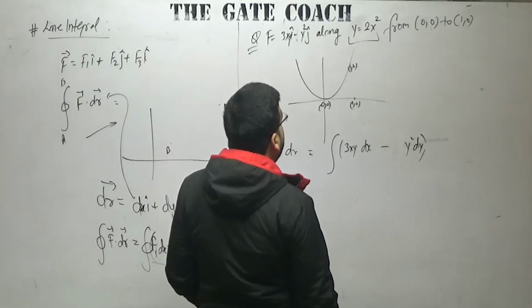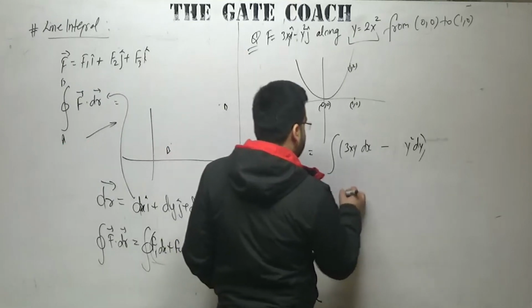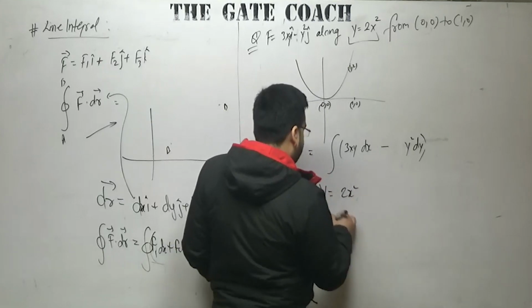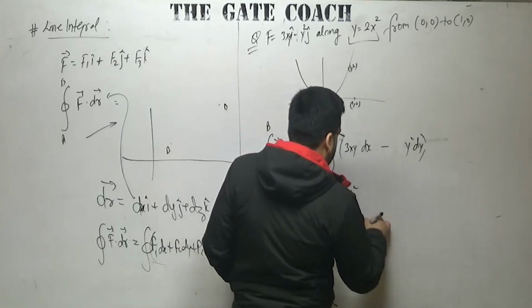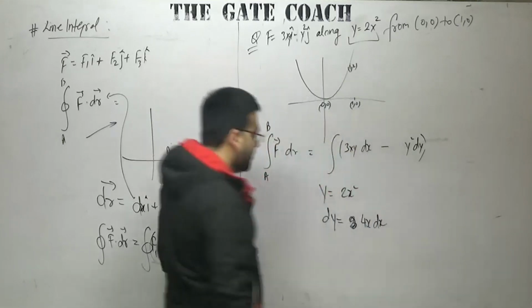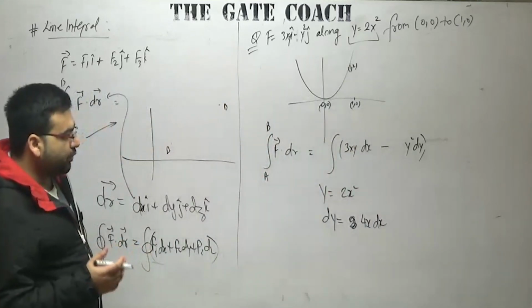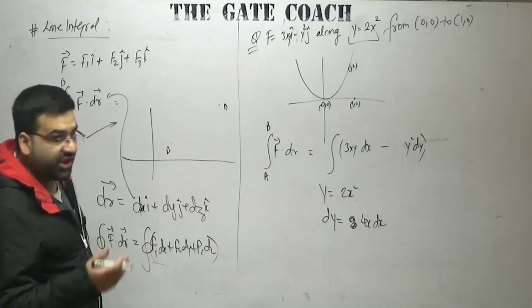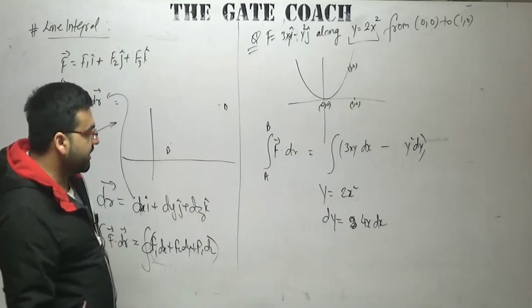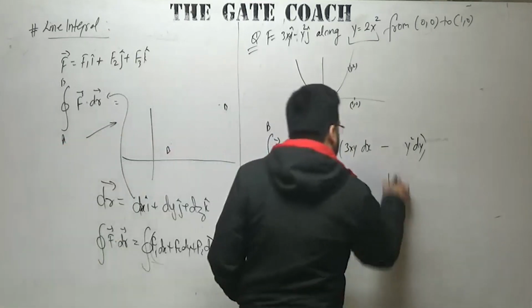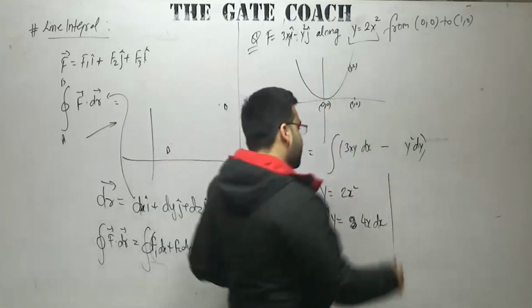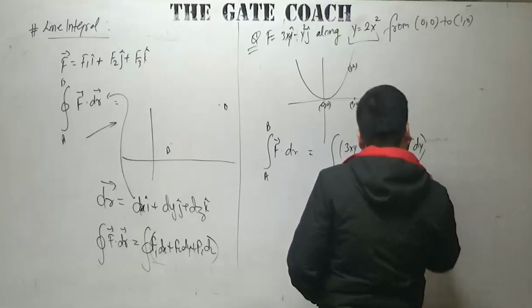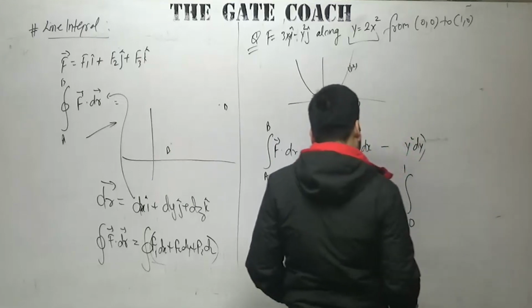Now, if y is equal to 2x square, dy will be equal to 4x dx. So what I feel is that putting dy is equal to 4x dx is much easier than putting some other value. So I will be converting everything into x, and x goes from 0 to 1.